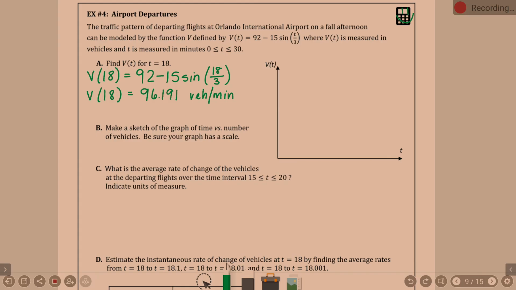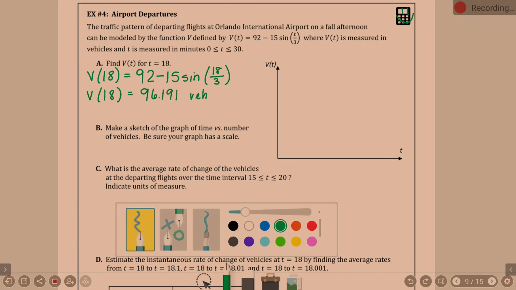Now that I think about it, no, it'd just be vehicles. 96 vehicles in 18 minutes, basically. I was about to say 12, but I was thinking 96. So I think I have that wrong in my answer key.